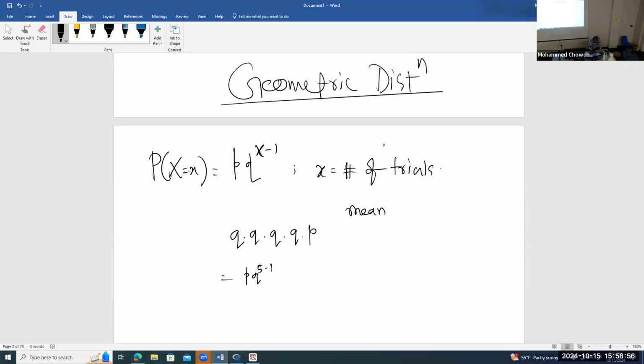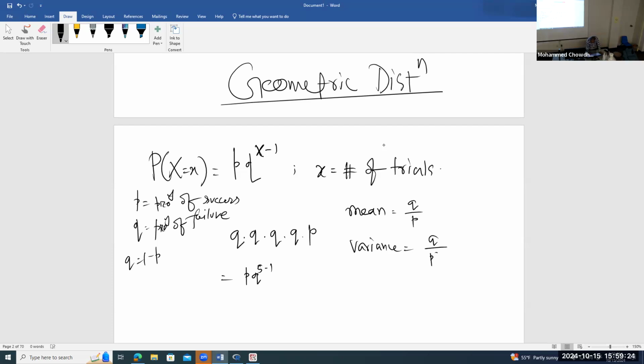P equals probability of success. Q equals probability of failure. Q equals 1 minus P. Mean equals Q over P. Variance equals Q over P squared.